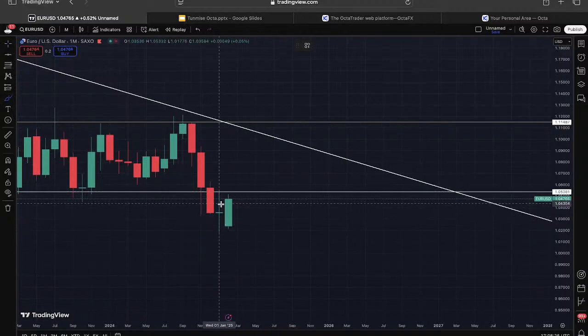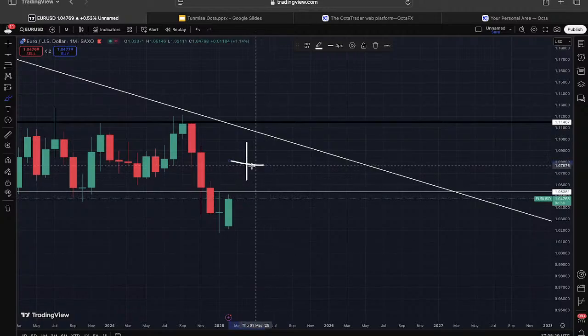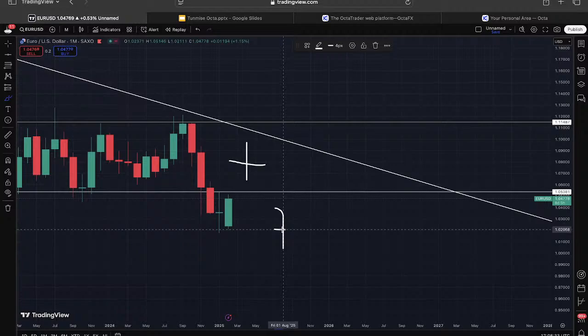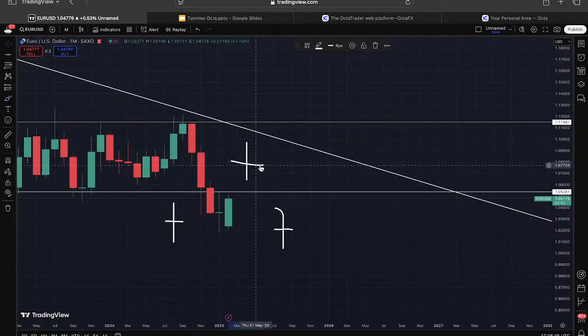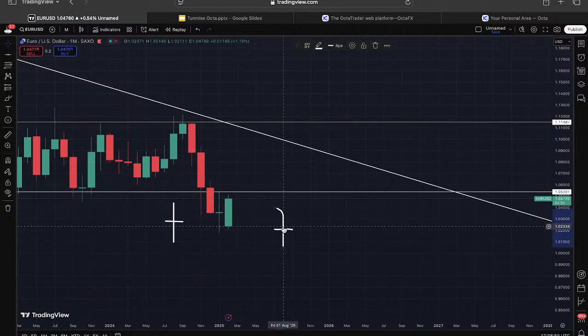We can see here that there is an indecision candle. Let me draw it here. Good. We can see that there is an indecision candle.